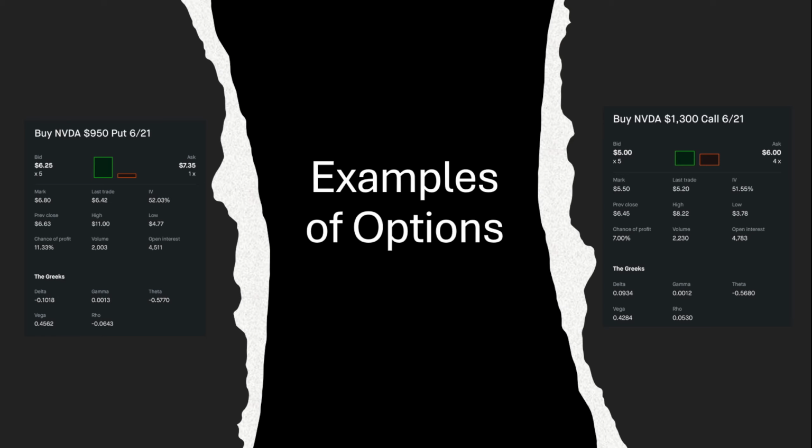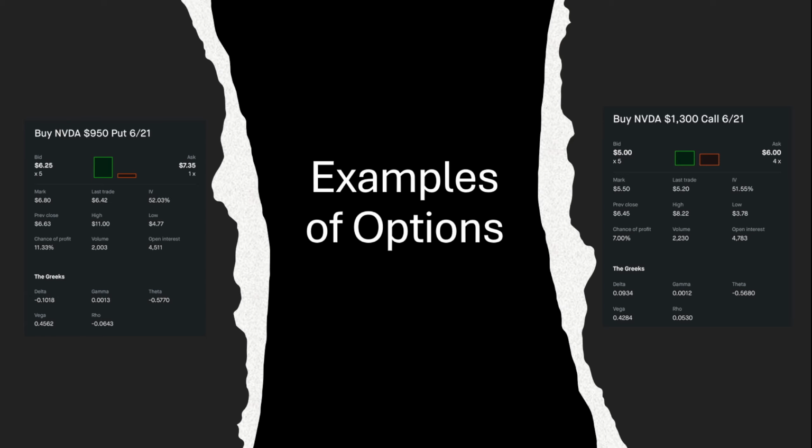So let's look at the calls on the right side for Nvidia. At the bottom on the right side, where it shows delta, you'll see 0.09.